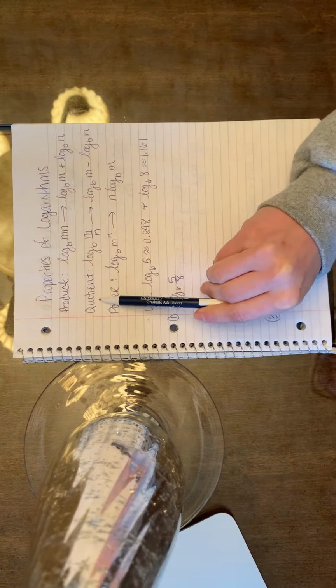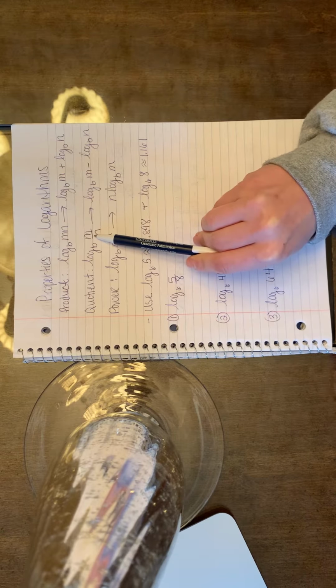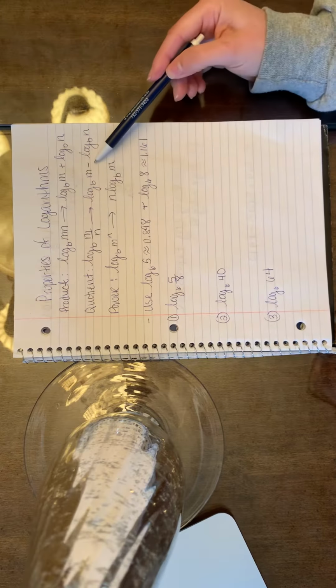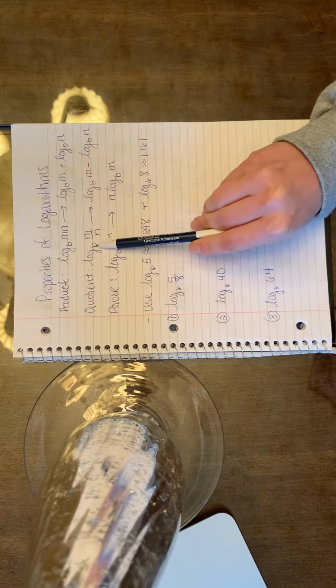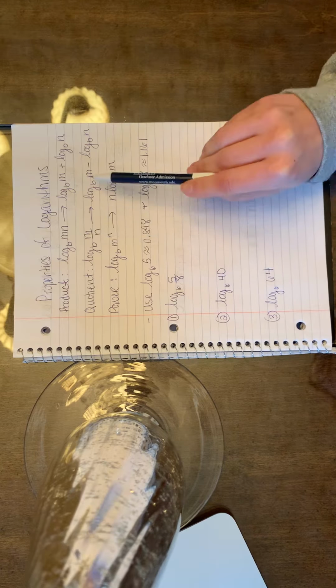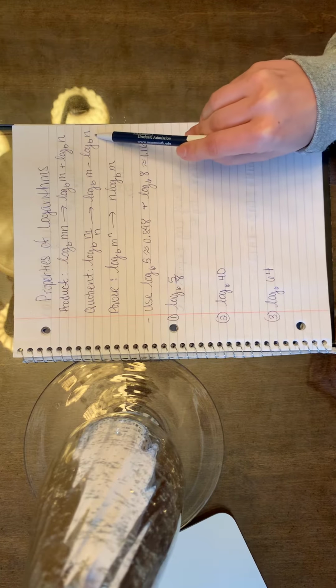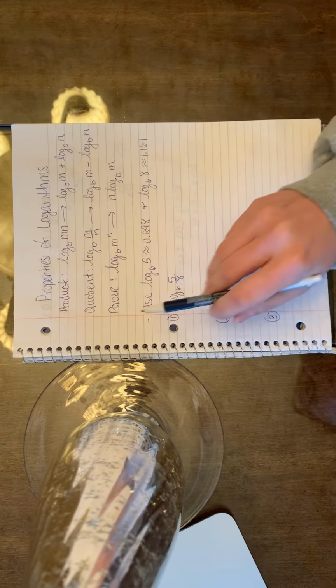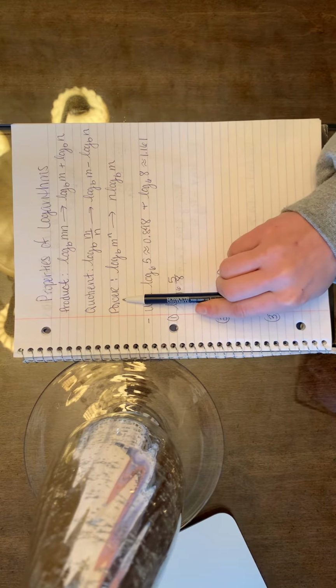Now your second property is quotient. Quotient means division. When we had division, what did we use in exponents? Subtraction. So if you have log base b of m over n, it really is equal to log base b of m minus log base b of n. And then finally, your third property is called power.